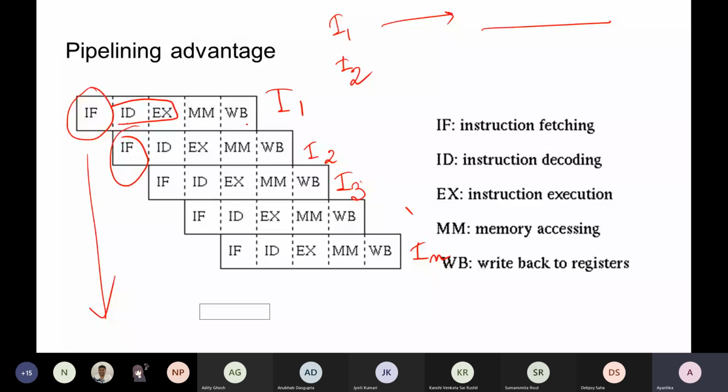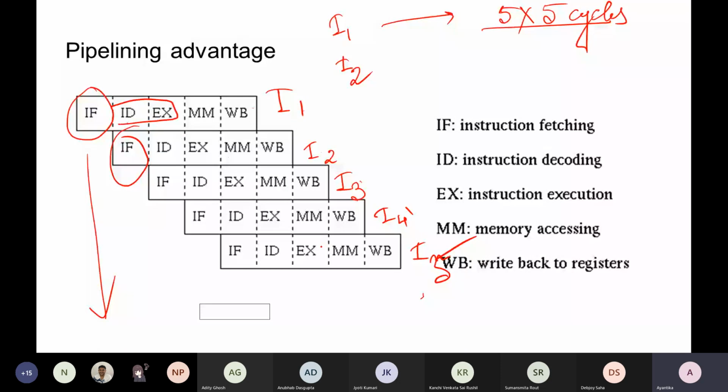We used to do the whole instruction execution up to 1, 2, 3, 4, 5, so we had to take 5 into 5 cycles. But now we are finishing this in much reduced cycles.